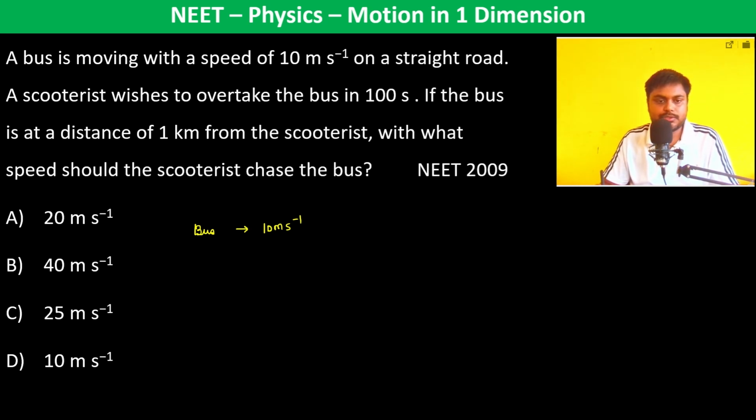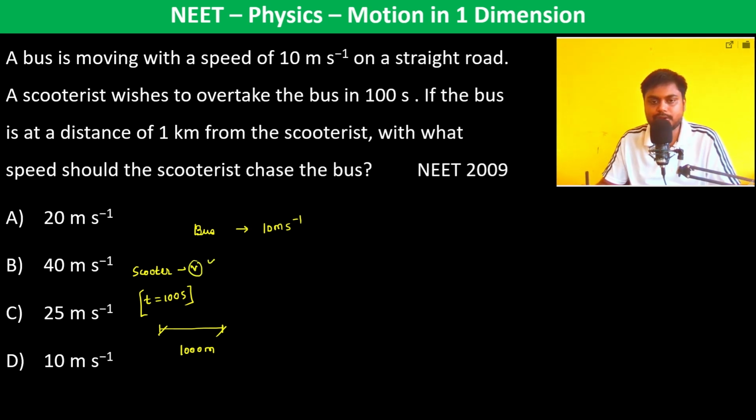Now the scooter is here and the time is going to be 100 seconds. If the bus is at a distance of 1000 meters, which is 1 kilometer, with what speed should the scooterist chase the bus? So here there is no acceleration basically, so let the velocity be v.